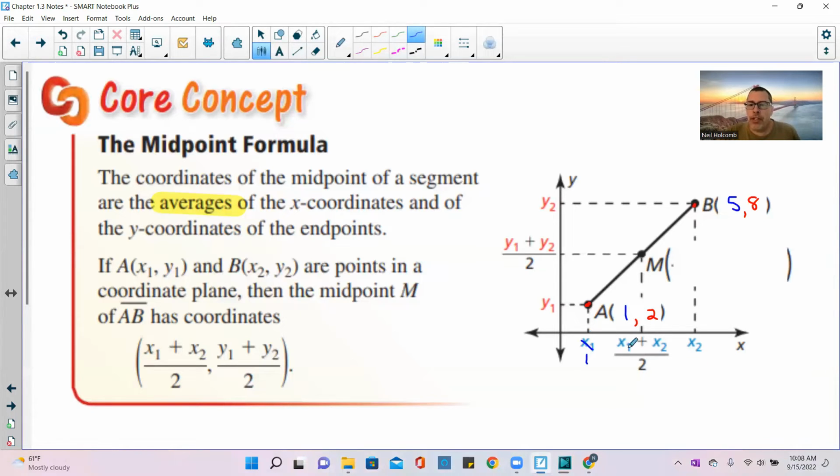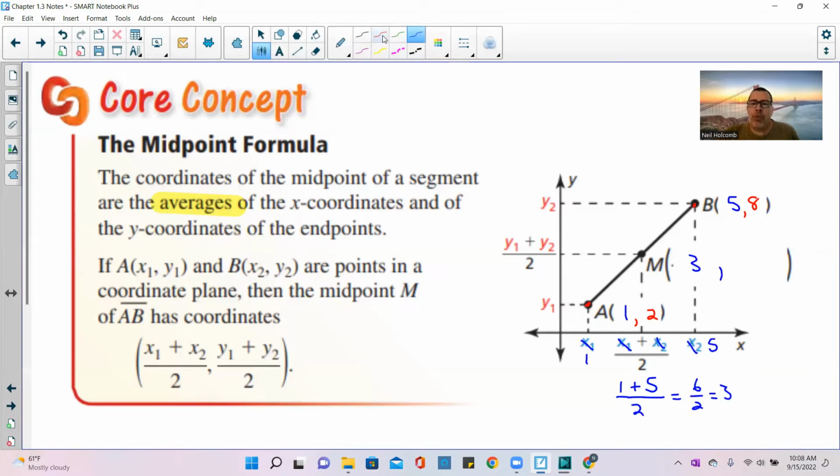So that's going to be 1 plus, over 2. And my x2, the x value of my second point, is 5. So 1 plus 5 equals 6 divided by 2, which equals 3. So that's going to give me my midpoint x value of 3 here, because it's the average of the x's.